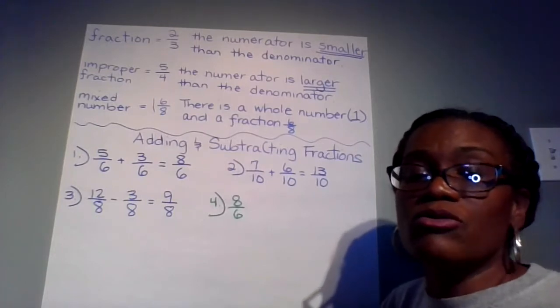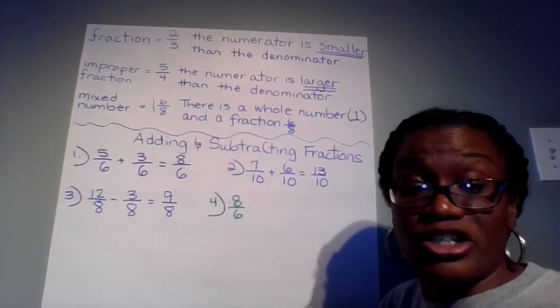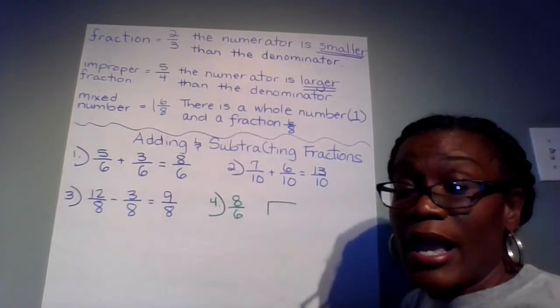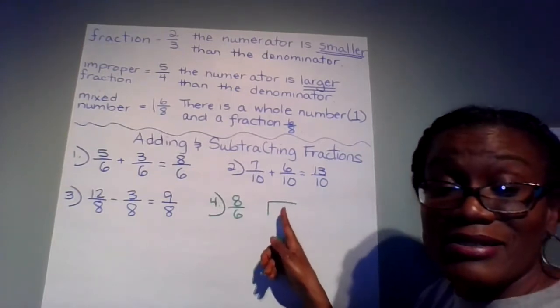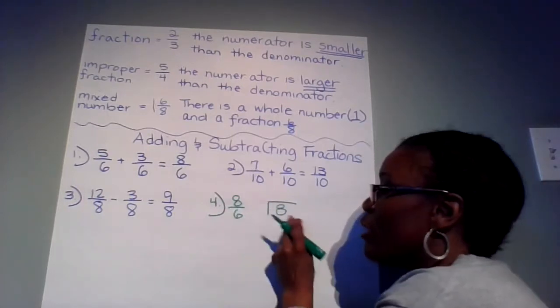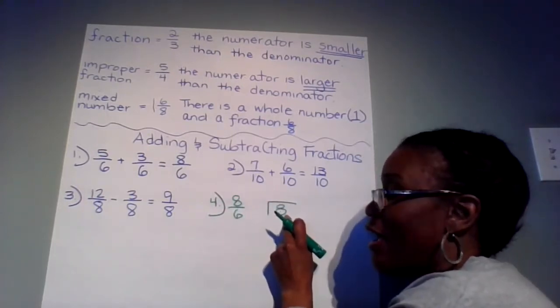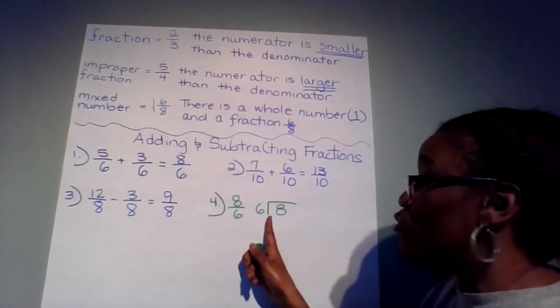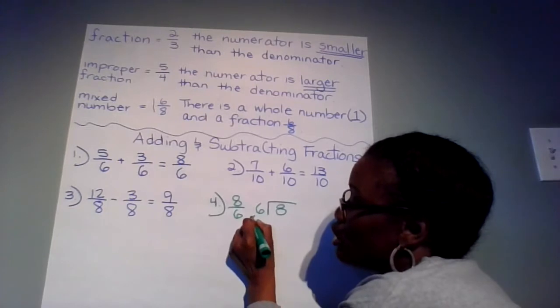And the way we do that is using division. So I'm going to make my little dividing house, and the number that goes on the inside is your numerator. Your numerator goes on the inside, and your denominator goes right outside the front door. So here's your denominator.